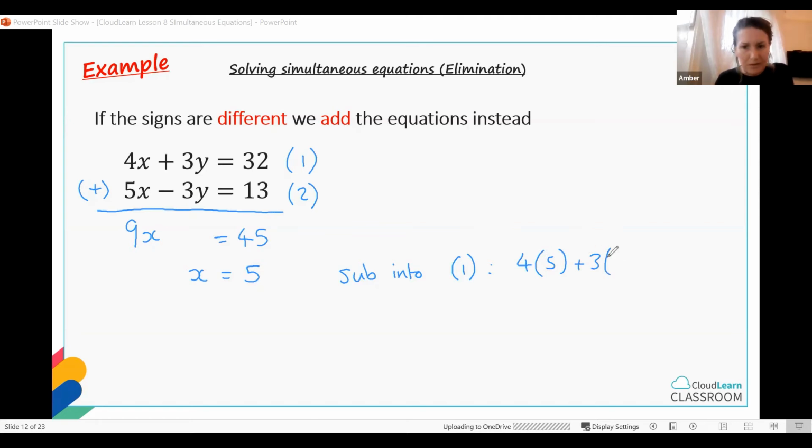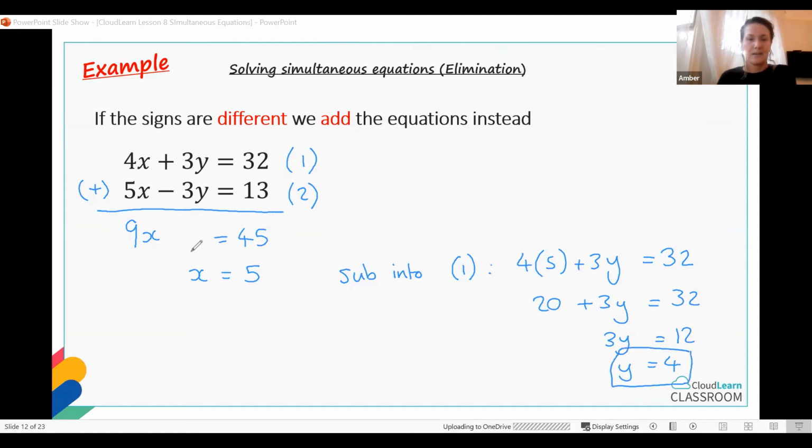Equals 32. 4 times 5 is 20. Plus 3y is equal to 32. So 3y is equal to 12, and y is equal to 4. So we have the answer, x is 5 and y is 4.